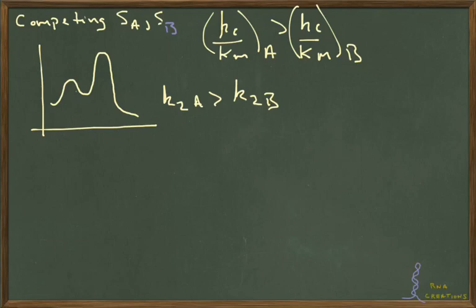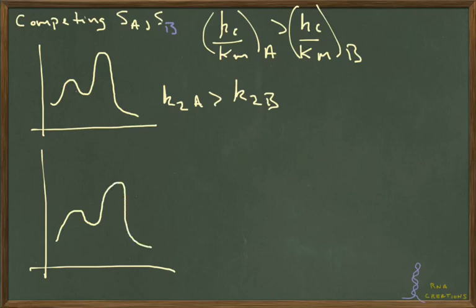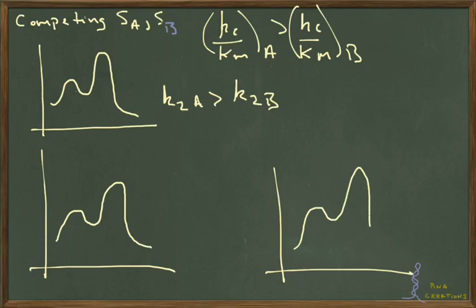Go ahead and draw that. And if Km is better, then that could be because K minus 1 for A is smaller than K minus 1 for B. Or it could be that K on is faster.